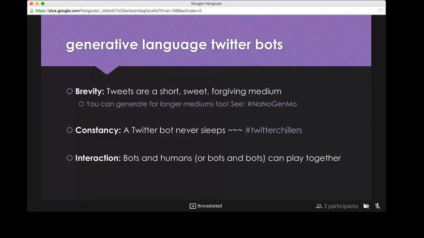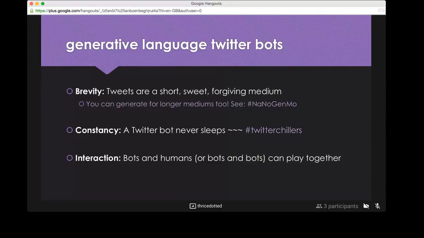But yeah, different kinds of language generation. And the second bullet point on here is constancy. I couldn't think of a better word than that. What I was trying to say with this is that a Twitter bot is always running. A Twitter bot never sleeps. Some people program their bots to not say anything for 8 hours.